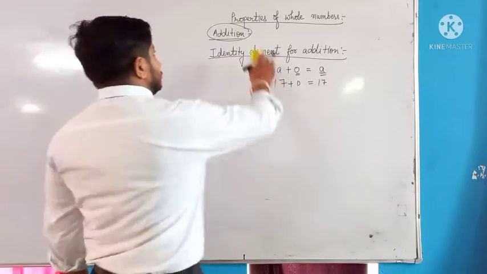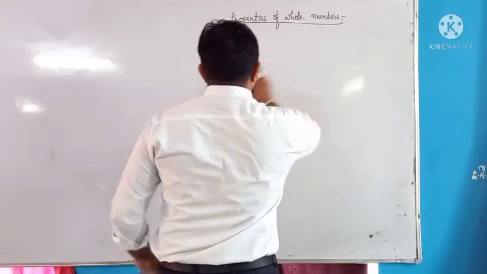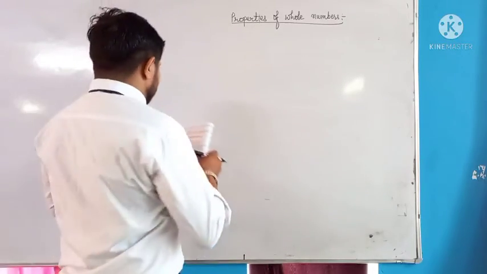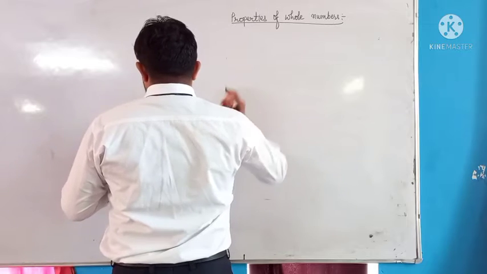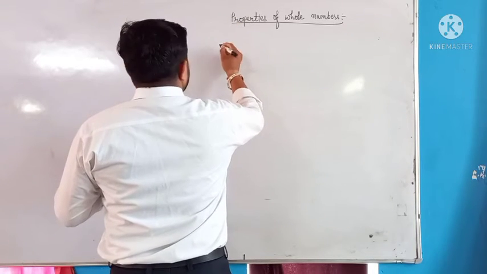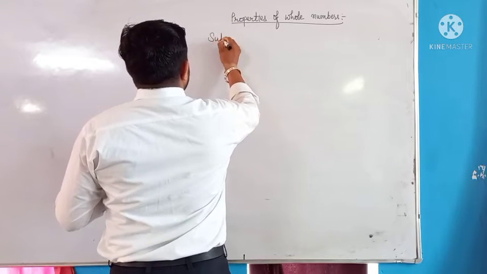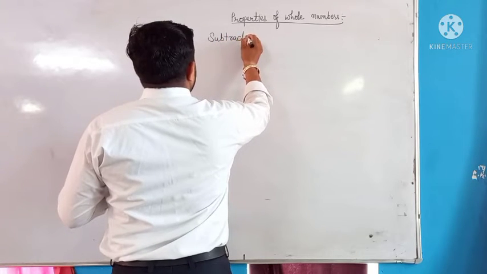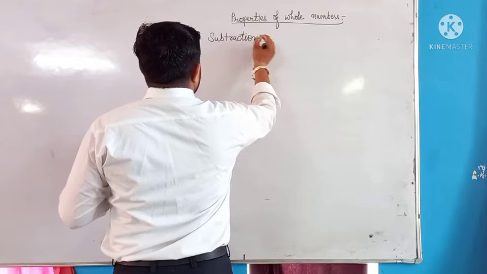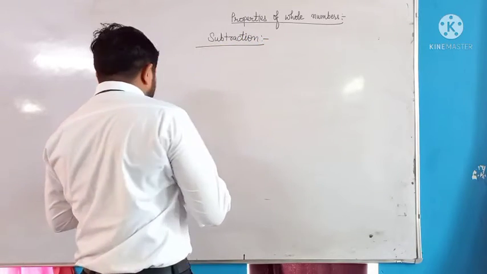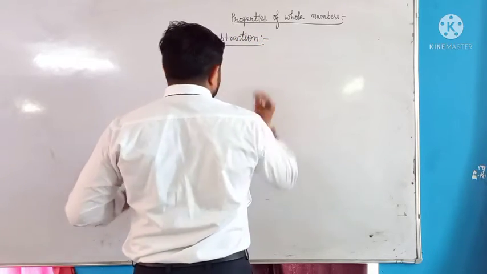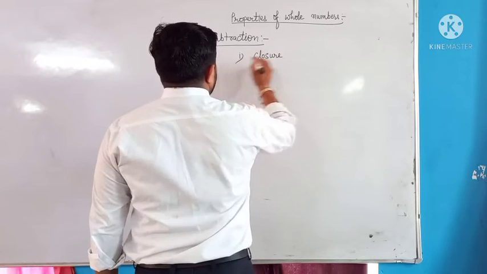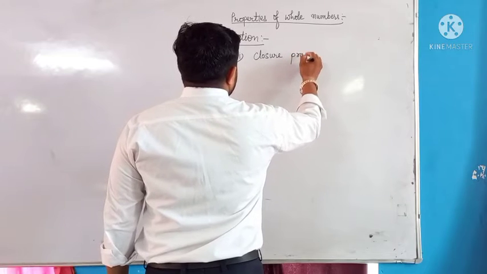Next, under the operation subtraction. Subtraction, beta. So what is our first property? Our first property is the closure property.